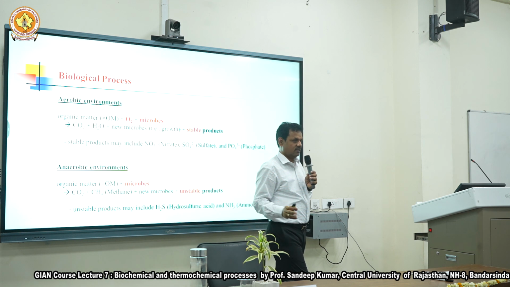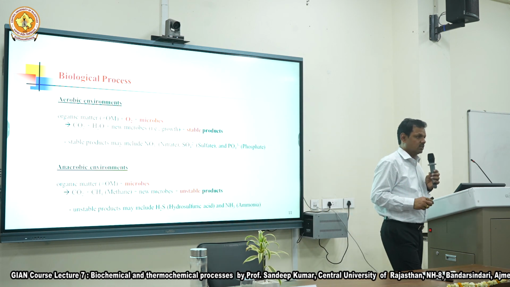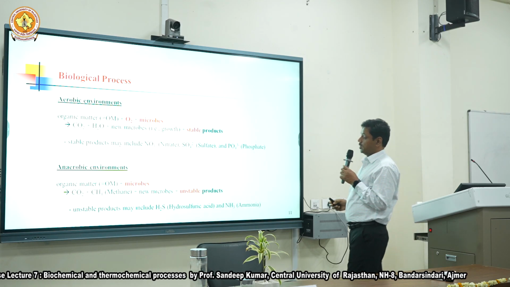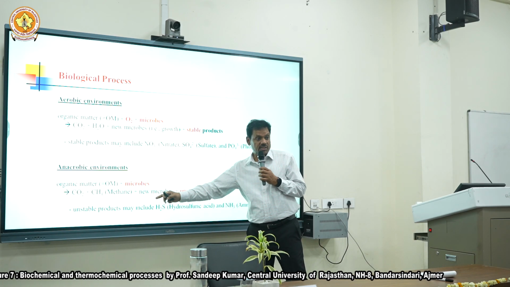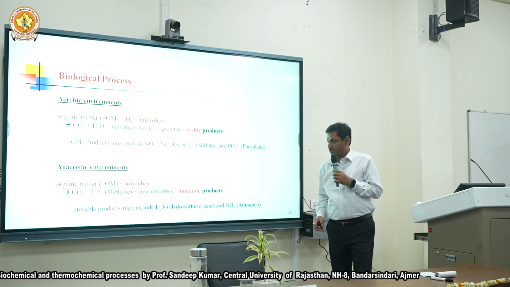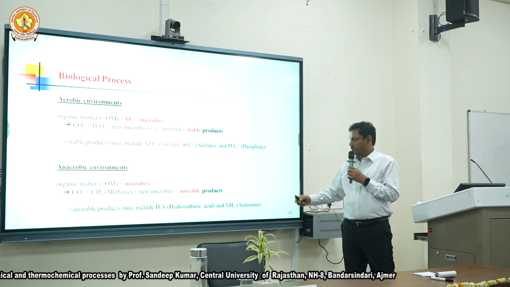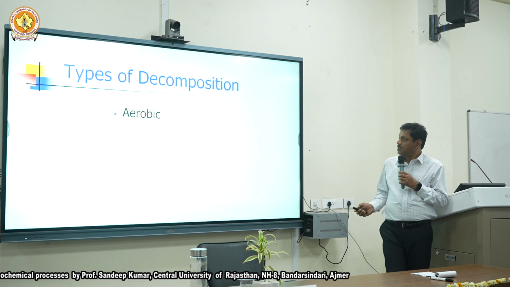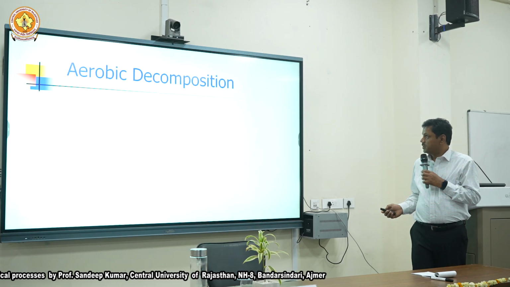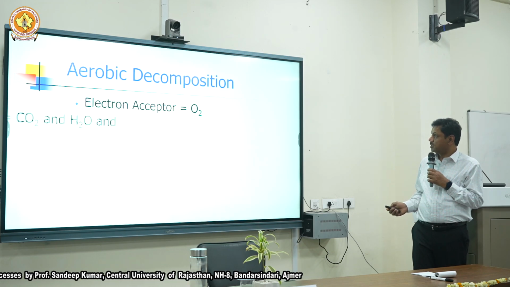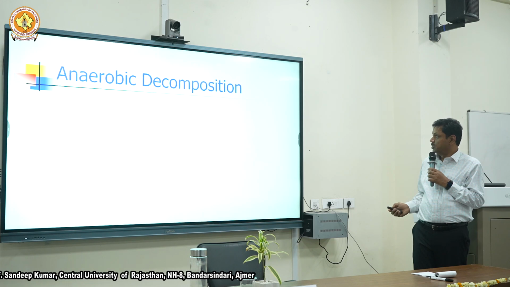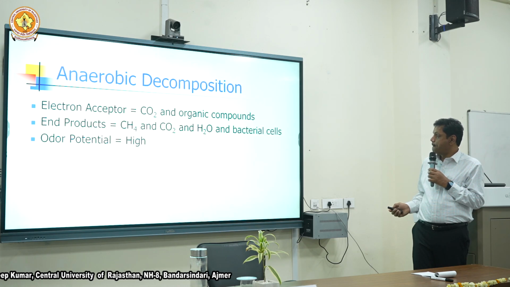That's a stable product, a fully oxidized product. If you are doing it anaerobically, you have microbes, and you are going to get methane and CO2, and some unstable products, and some sulfur compounds. These are pretty basic. What are the aerobic and anaerobic decompositions? You all know more.